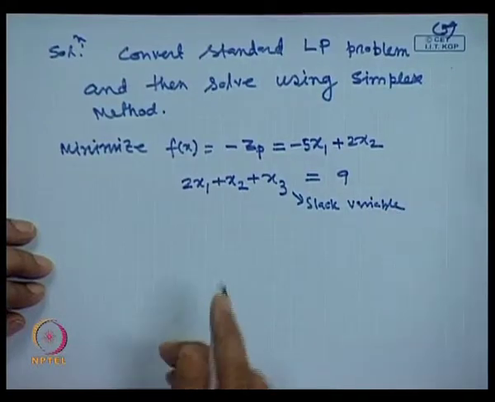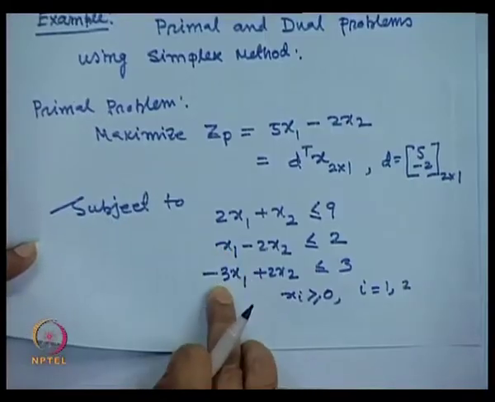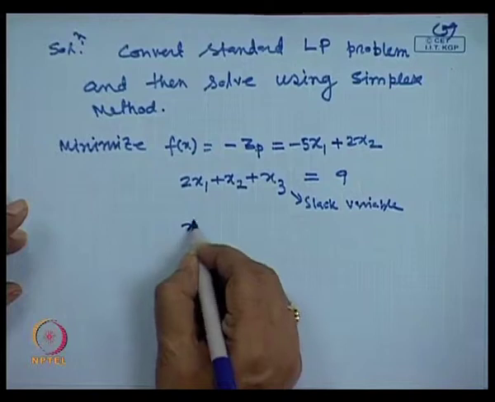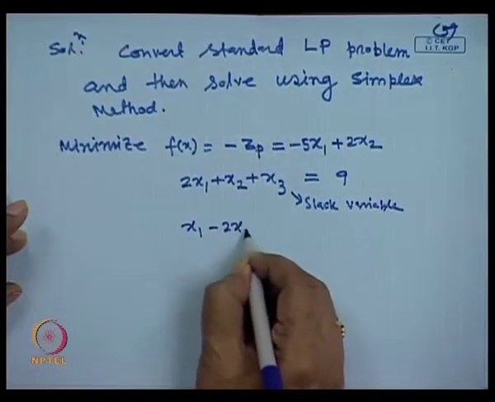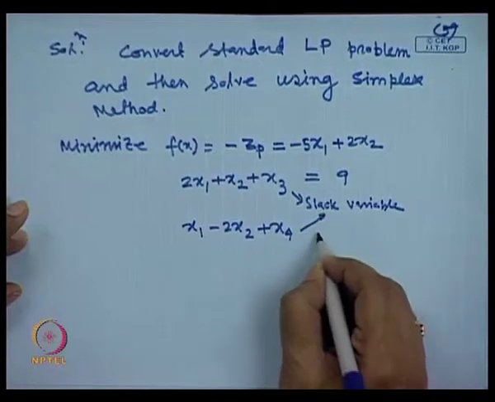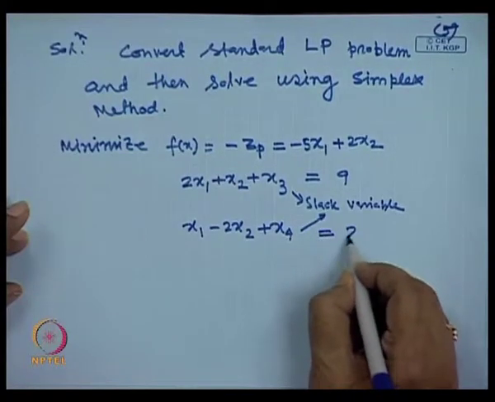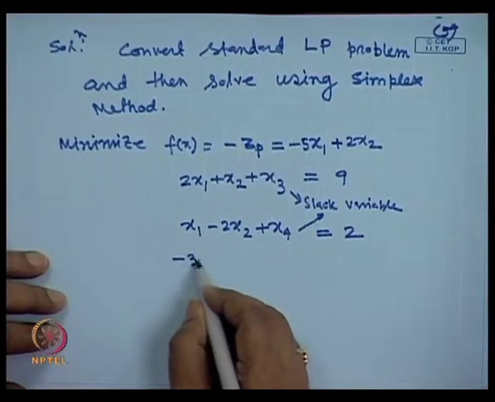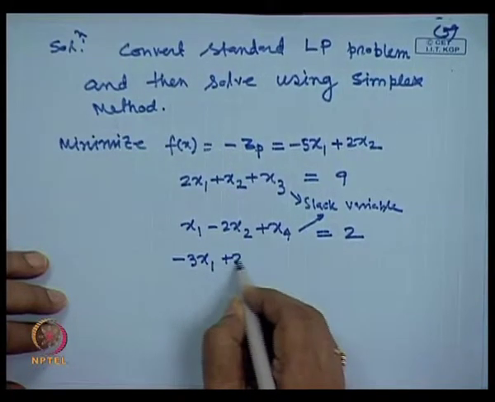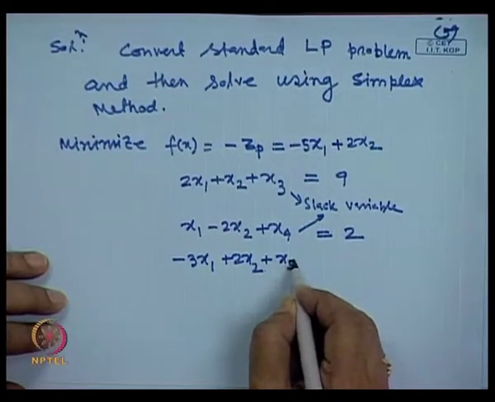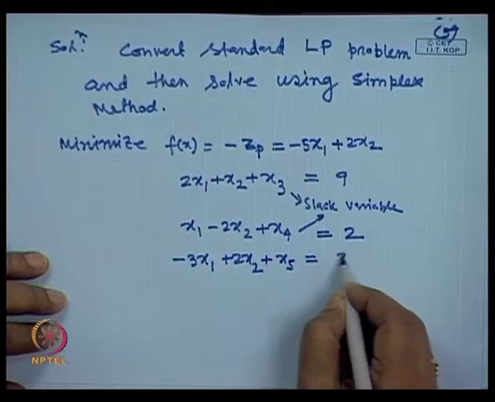Similarly, the second and third I can write. The second equation is x1 minus 2x2 plus x4, so this is also a slack variable, equal to 2. Then the third equation, minus 3x1 plus 2x2, and I have to add another slack variable x5 with this one, so that it will be equal to 3.